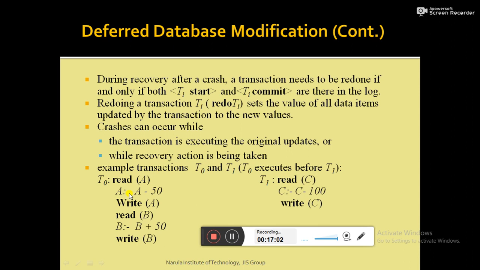T0 transfers $50 from account A to account B, and transaction T1 subtracts $100 from account C. Let's see how we recover from a system crash with the help of deferred database modification.